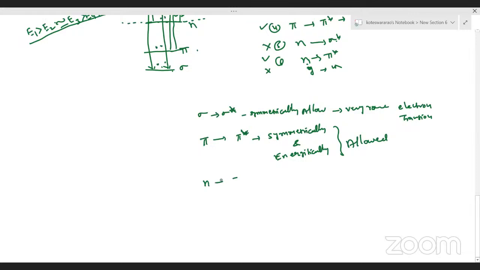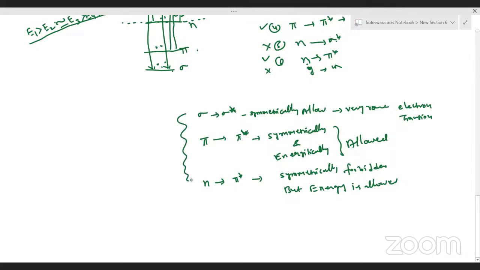N to pi star is symmetrically forbidden, but energetically allowed. Therefore, we can see these three kinds of electron transitions in organic molecules.